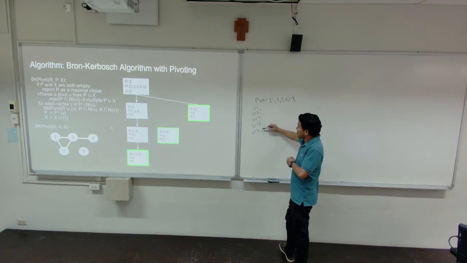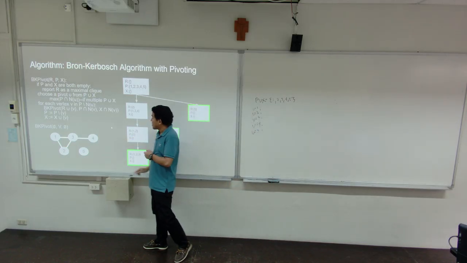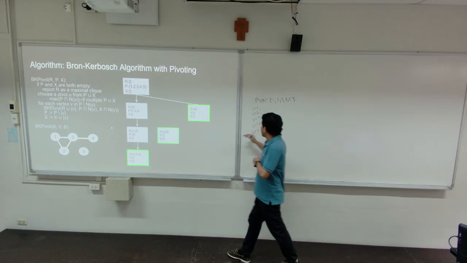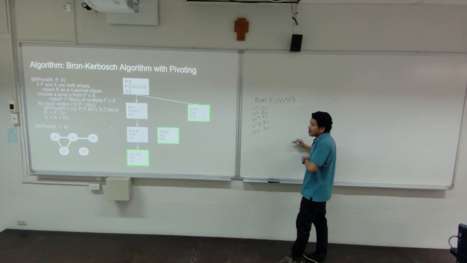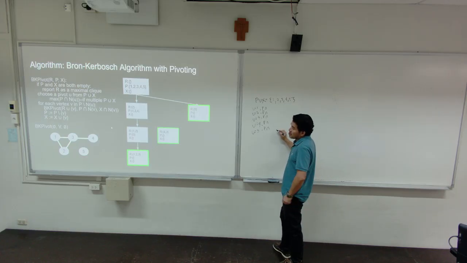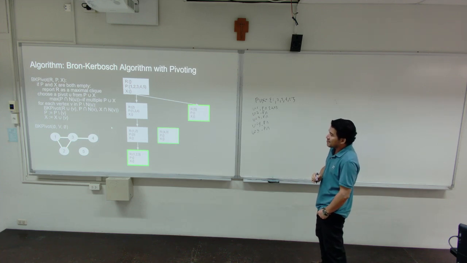So this is our graph. First is P intersect with the neighbor of u. So u, neighbor of 1. What are the neighbors of 1? 2 and 3. That's the neighbor of 1. Right?